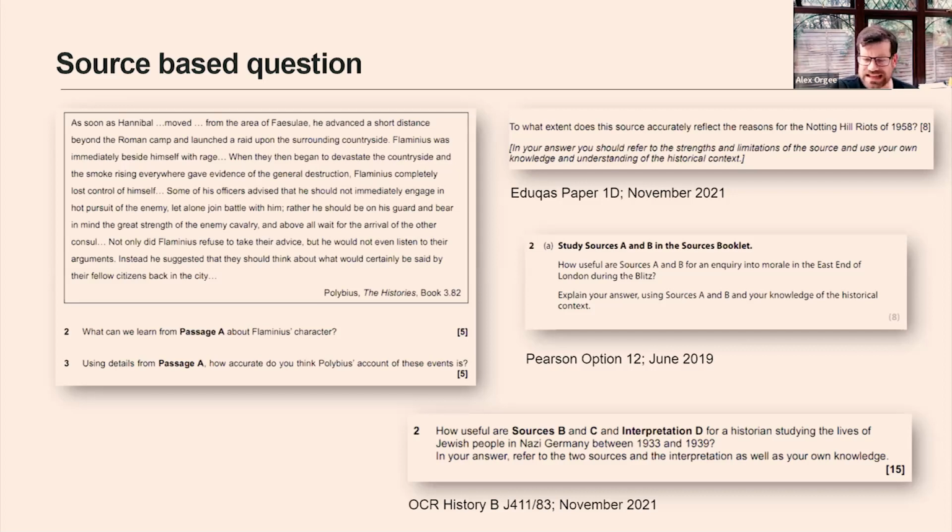Again, they use information from the passage and link that potentially to the historian's method, or other sources they will have studied as part of the prescribed sources, to comment on the likely accuracy of parts of the passage. These are examples from Edexcel, Pearson and OCR of how these skills are assessed in the history qualifications.